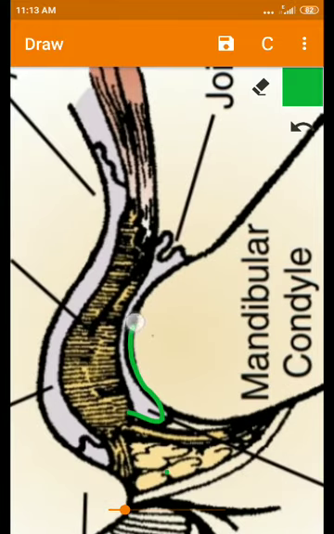And now coming to the lower joint, if you can see, this is the lower joint. This lower joint is formed by the anterior surface of the condyle of the mandible and the inferior surface of the disc.